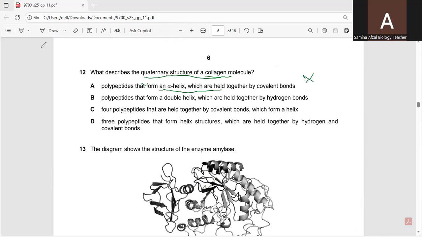The polypeptides that form a double helix again, this is not it. Four polypeptides that are held together by covalent bonds which form a helix again, this is not a correct option, because it is only the three polypeptides that form helix structures which are held together by hydrogen and covalent bonds.